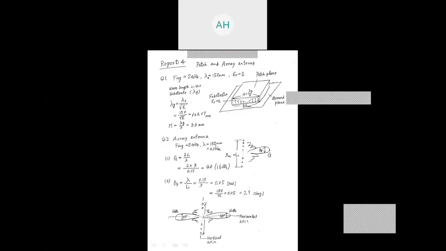Okay, then next, array antenna. In this case the frequency is 2 gigahertz, then the wavelength is 0.15 meter.